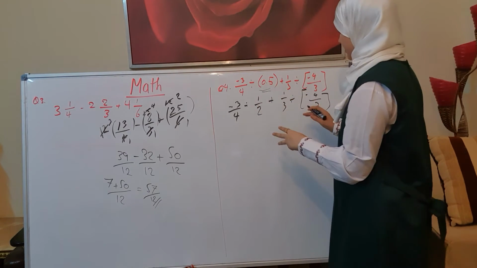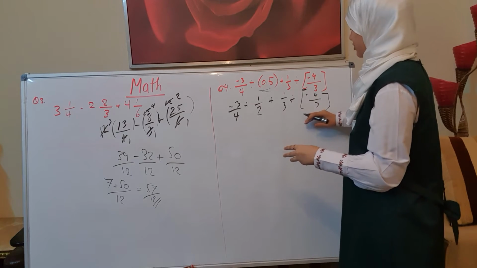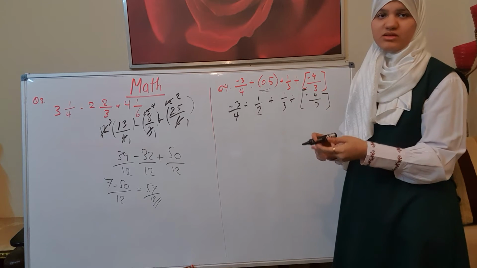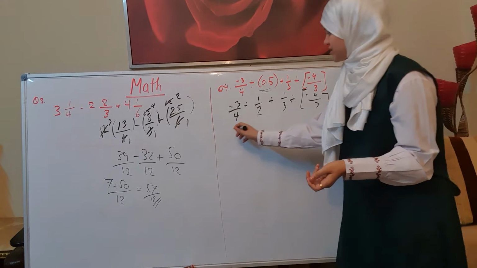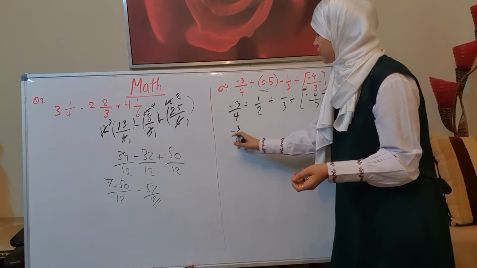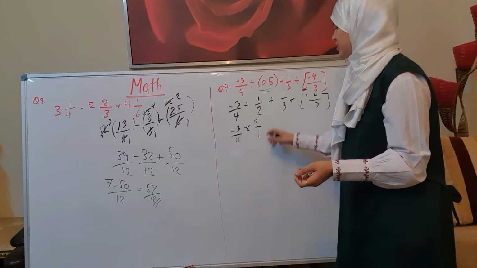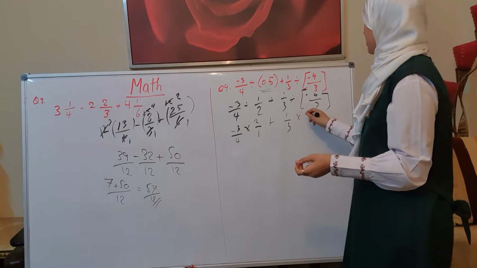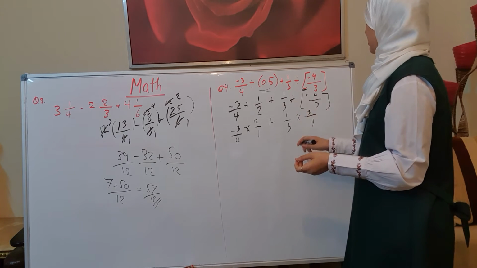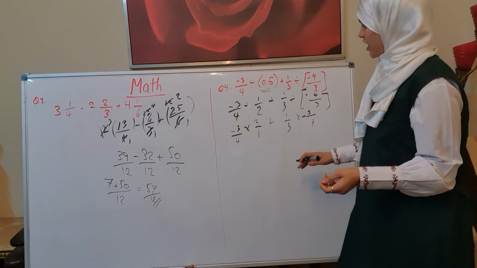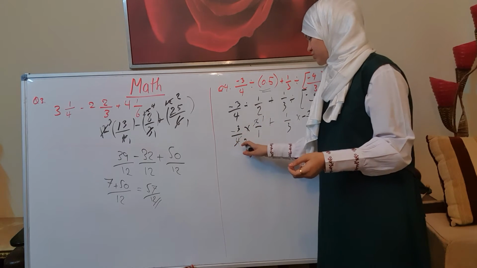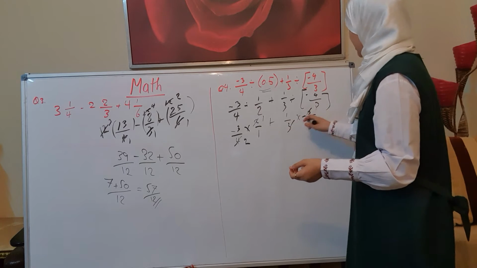We finished the brackets, but there is still one bracket here. First thing we do the division, converting it to multiplication. That means negative 3 over 4 times 2 over 1 plus 1 over 3 times 3 over 4, with a negative here. After simplifying, 2 by 4 gives 1 and 2, and 3 by 3 gives 1 and 1.